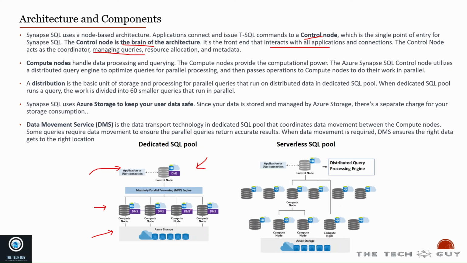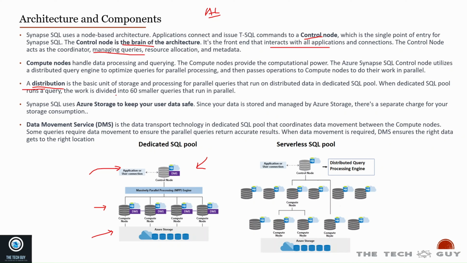Now, when we talk about compute nodes, we also have to talk about the distribution. See, it is an OLAP, it is a warehouse, it is an analytics platform, which means you will be running hundreds and thousands and millions of queries at a time, and you expect it to be fast, right? That is where the distribution comes in, which distributes your queries to the nodes.